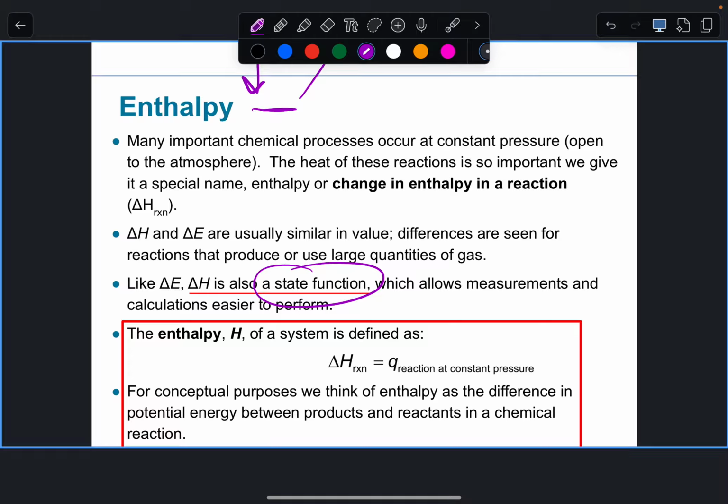Conceptually, that is a really important component too. So if a reaction has an enthalpy change of negative 2,000 joules, that tells you that the reactants are at a higher potential energy than the products by 2,000 joules. It tells you something about how those reactants and products are staggered.